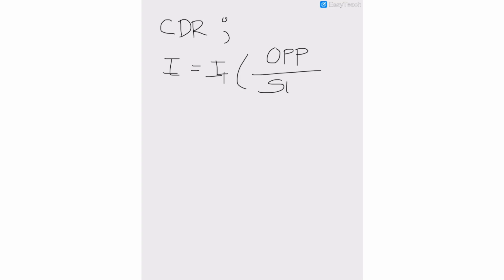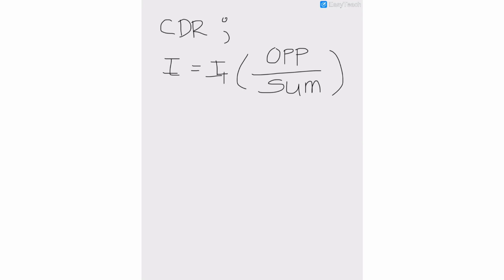CDR, that is I is equal to IT over the opposite branch over the sum of the resistances.